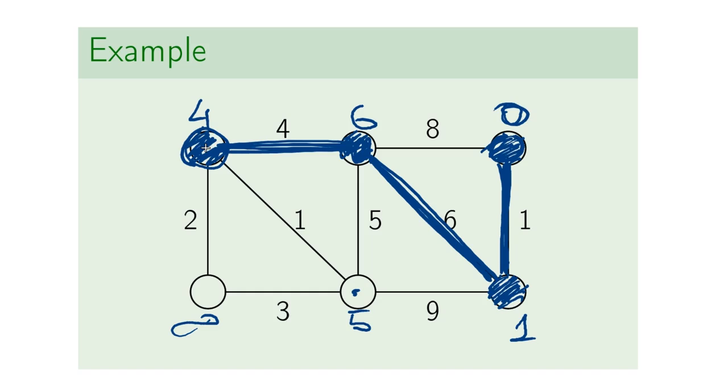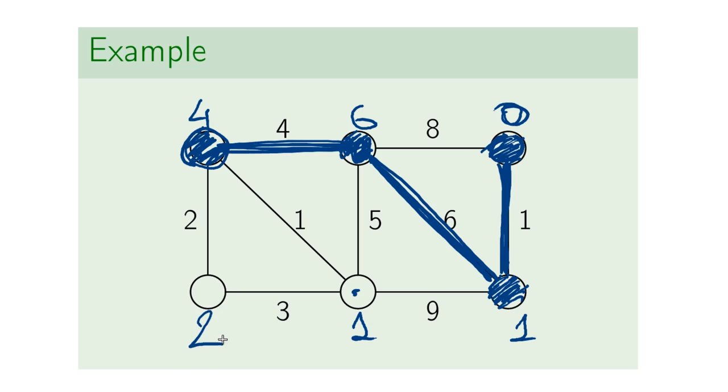Then we need to process all the edges going out of this vertex to vertices that are currently not in the tree. We see that we need to change the priority of this vertex to 1 because there is an edge of weight 1 that connects this vertex to the vertex which is currently in the tree, and we need to change this priority to 2.